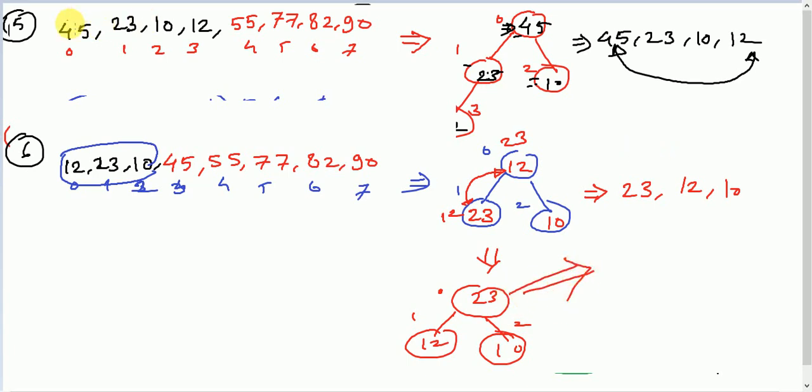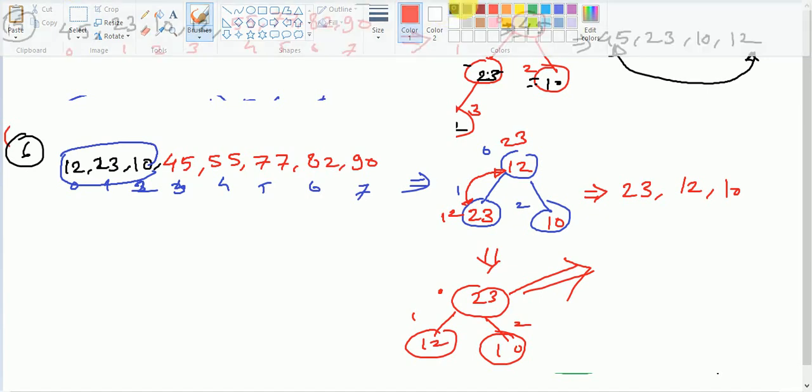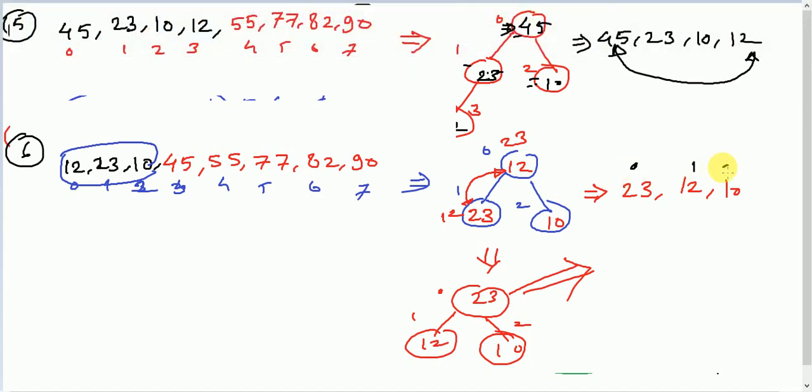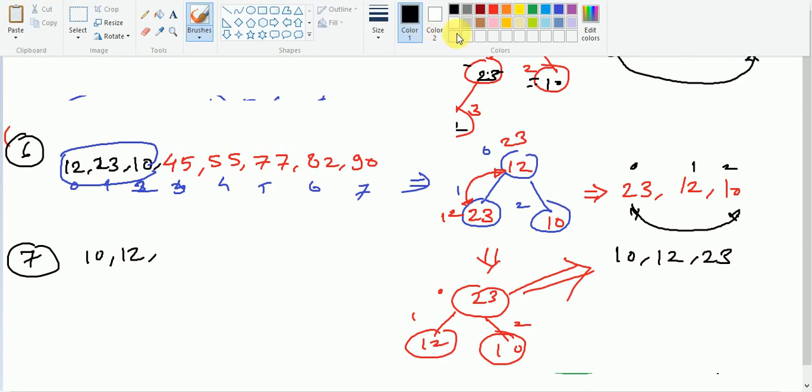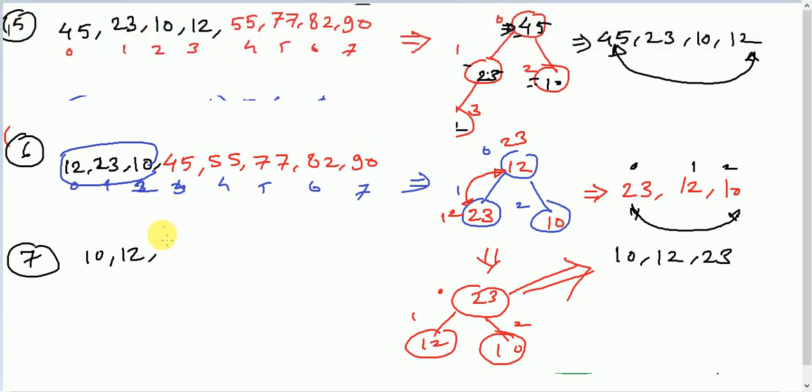Then I swap the 0th index with the last value. After swapping this, I am getting 10, 12, 23. So at the start of the 7th pass I am getting the array like this: 10, 12, and the remaining elements are already sorted as 23 got to the last place.